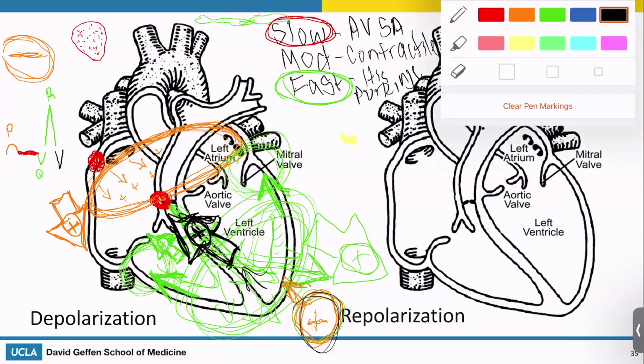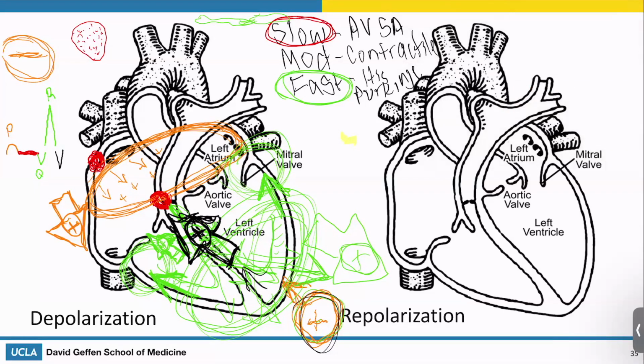Excellent. Now what's happening in the heart is we're going to get an isoelectric line here. What that means is, even though everything is now positive in the ventricles, nothing's moving. Remember, it's measuring movement. So nothing's actually moving right now, which means we have this isoelectric line.